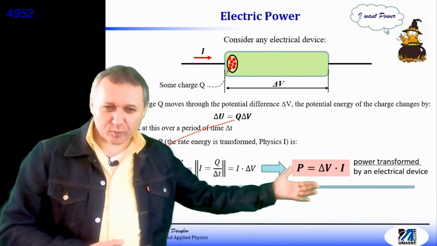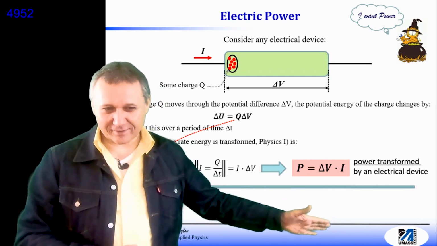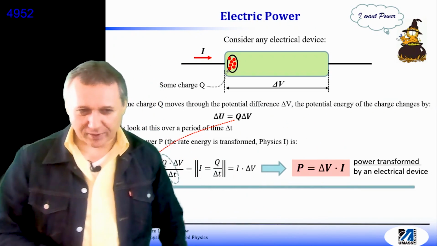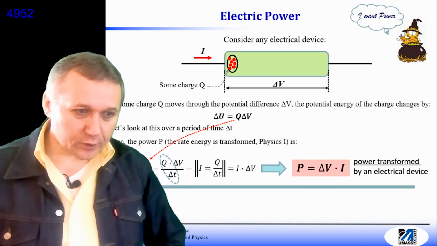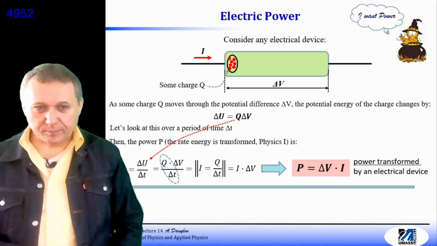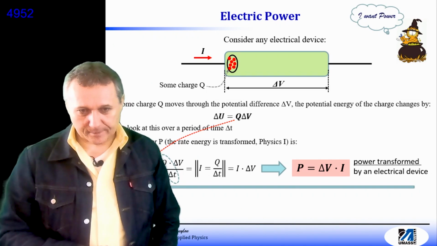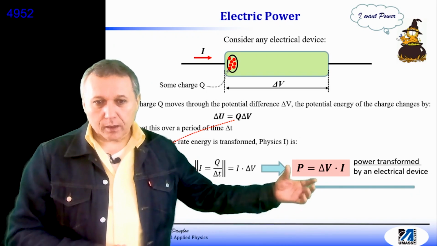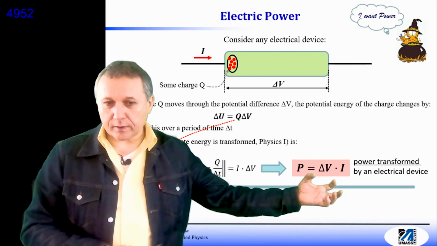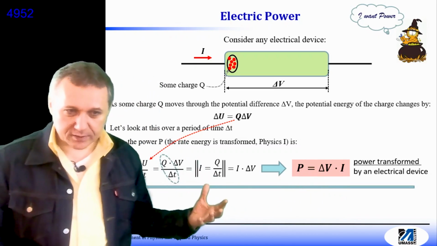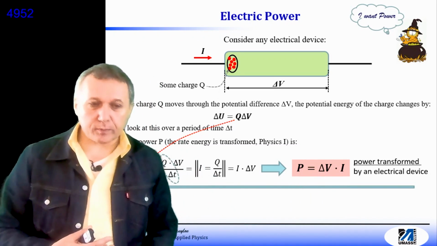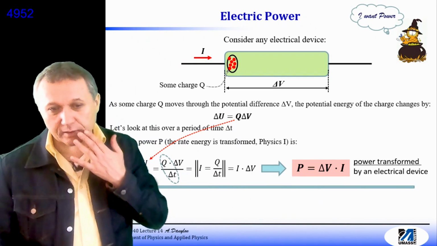It looks like Ohm's law, but in Ohm's law we divided delta V by I, and here we multiply delta V times I. So this is the power dissipated in this resistor. Okay, so you can use the formula in this form, but sometimes it depends on what is given in the problem.